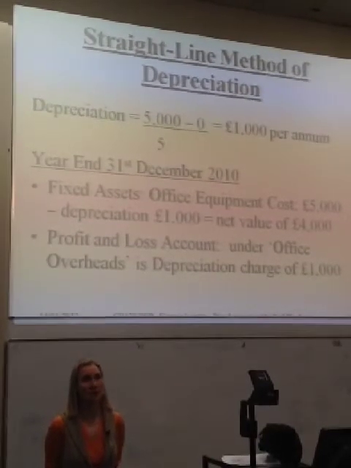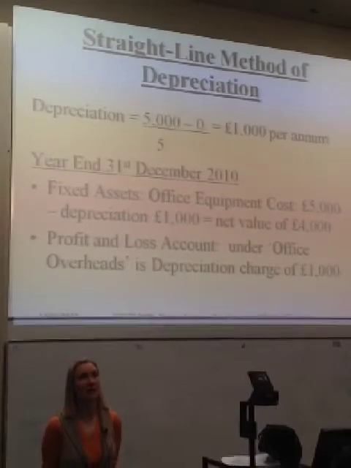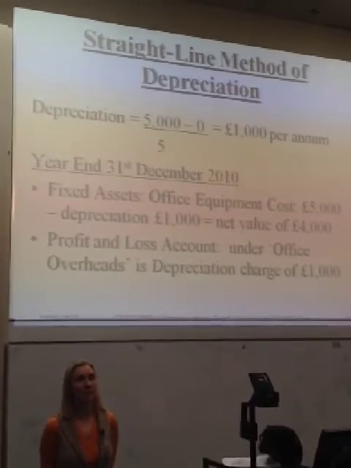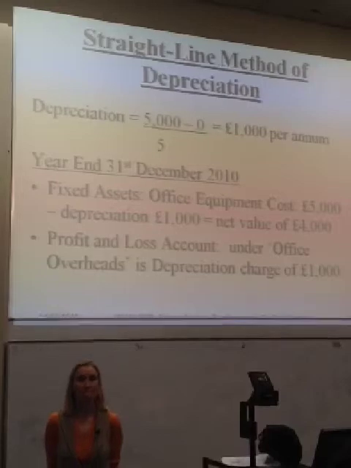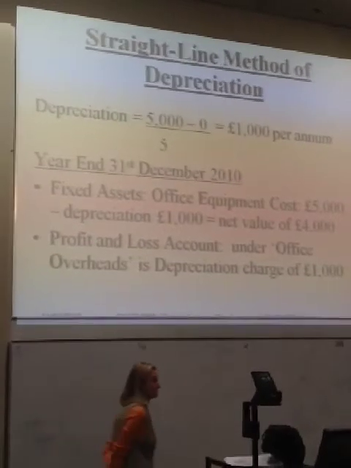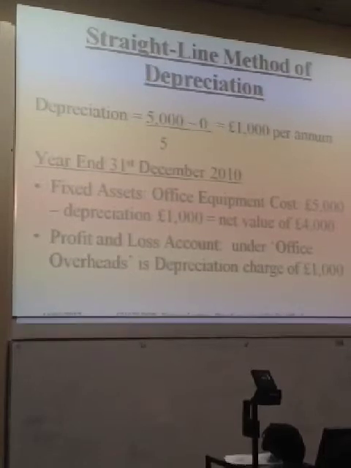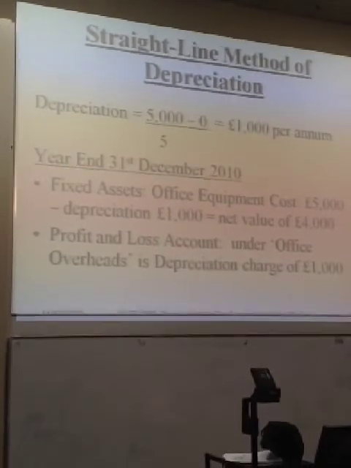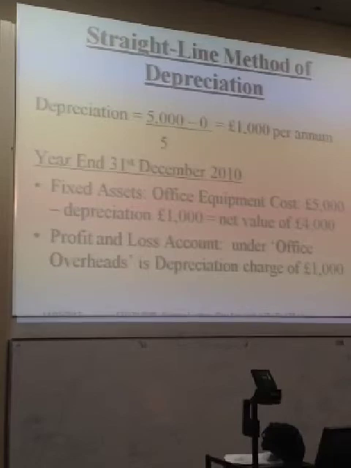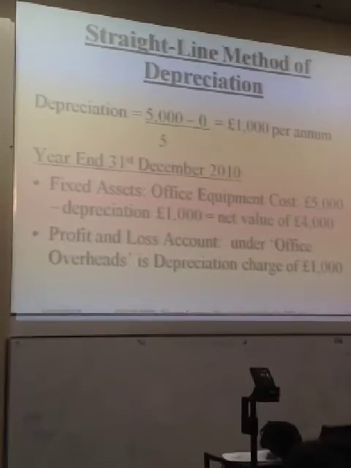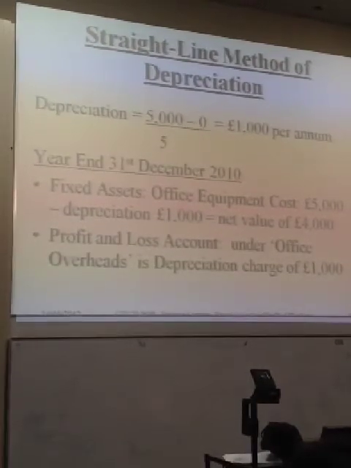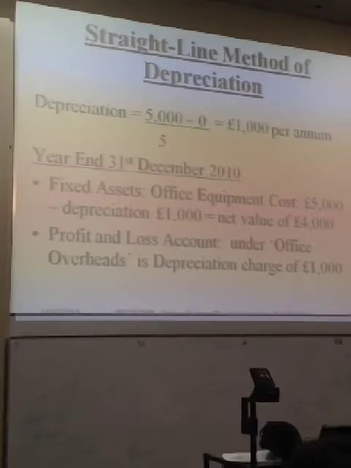What would be the net book value at the end of 2011? Calculate that. You've got an asset in January 2010, worth £5,000. It loses 1,000 every year. So at the end of 2010, it's worth £4,000.